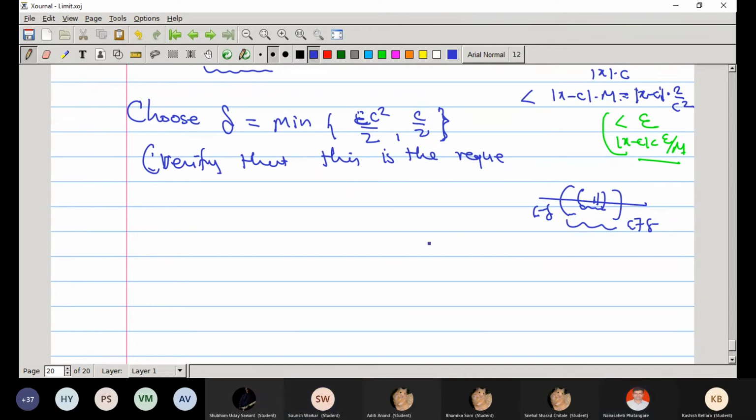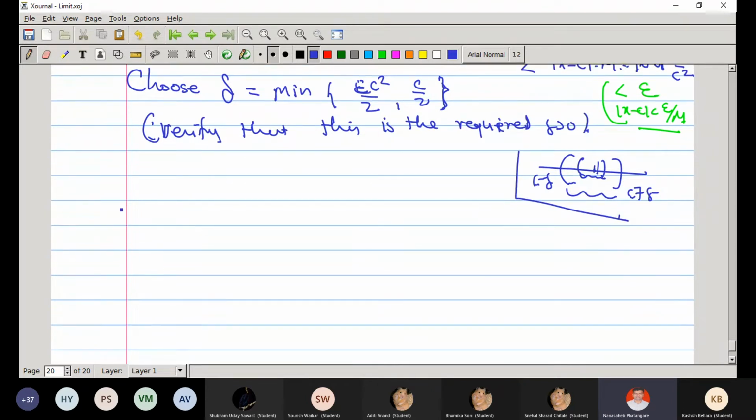Okay. So verify that this is the required delta. How will you verify this? Verification means if the distance of x from c is less than this delta. Since delta is the minimum, delta is less than epsilon c square by 2 as well as c by 2, and ultimately x minus c is less than epsilon c square by 2 as well as c by 2.